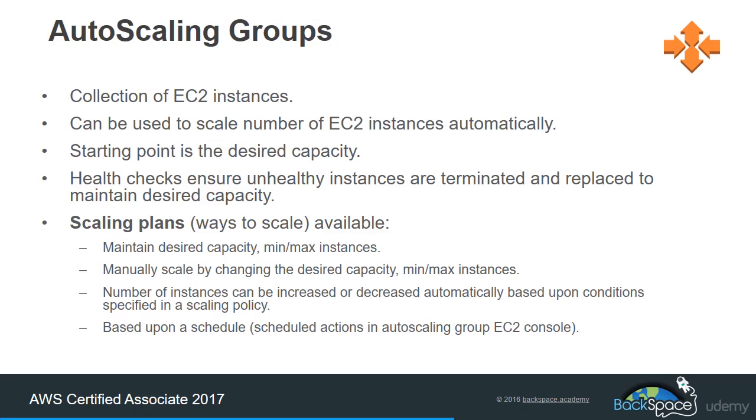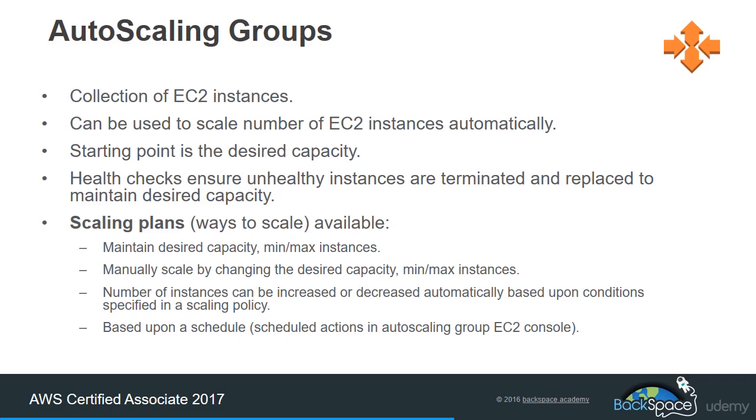Scaling plans are simply ways to scale. The scaling plans available to us are, first of all, to maintain desired capacity and the maximum number of instances. We can manually scale by changing the desired capacity and the minimum and maximum number of instances.